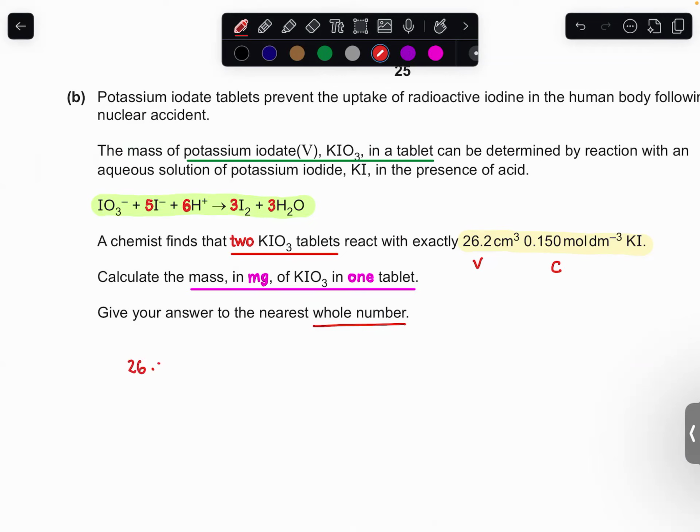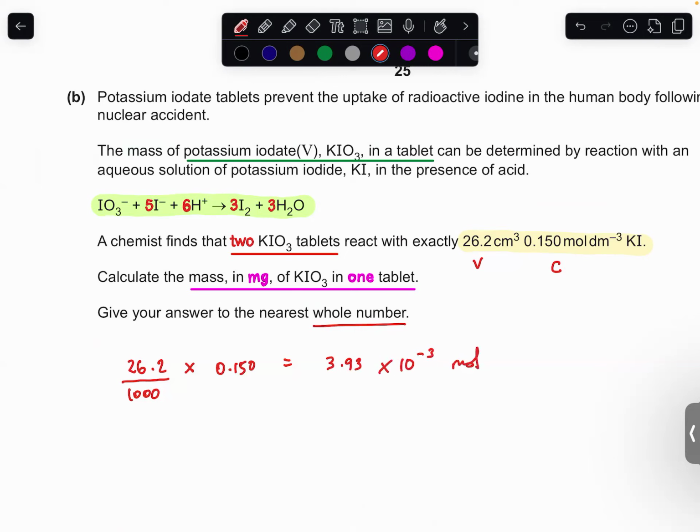So 26.2 multiplied by, let's convert it to decimeters cubed first, by the concentration gives you 3.93 times 10 to the minus 3 moles.